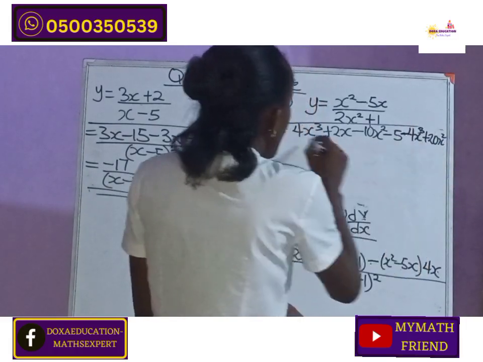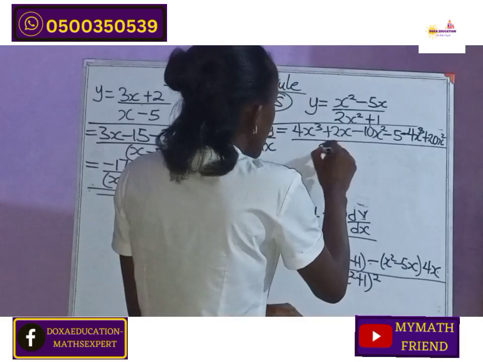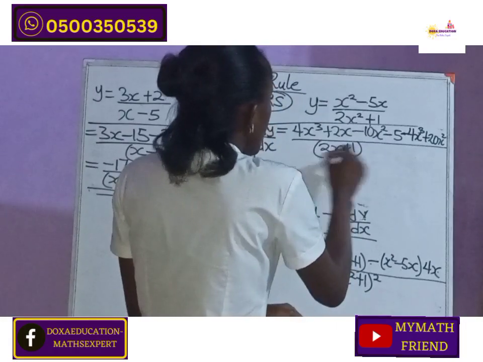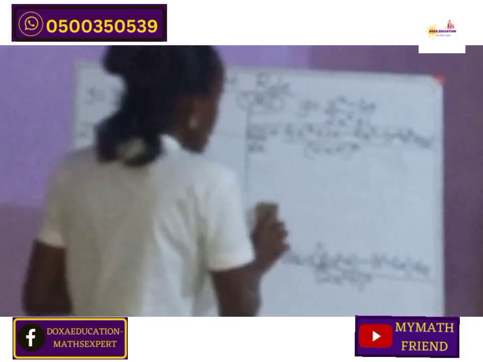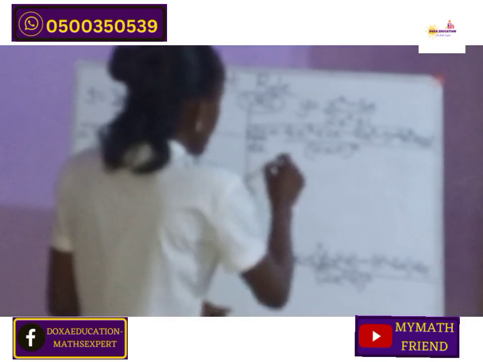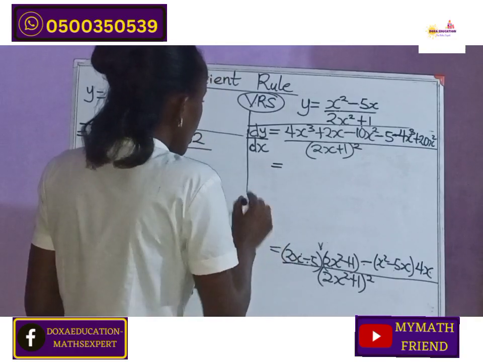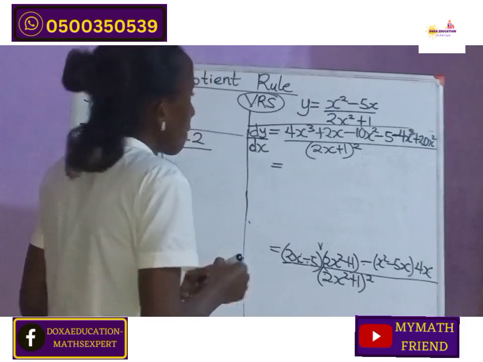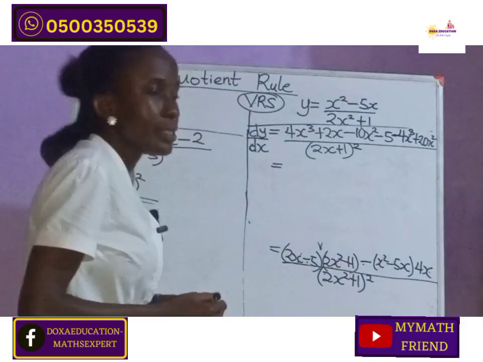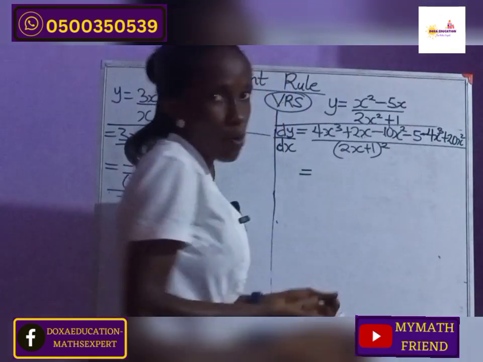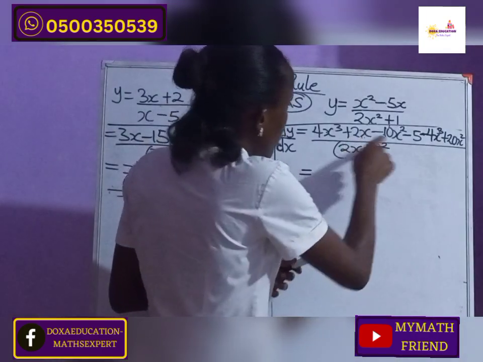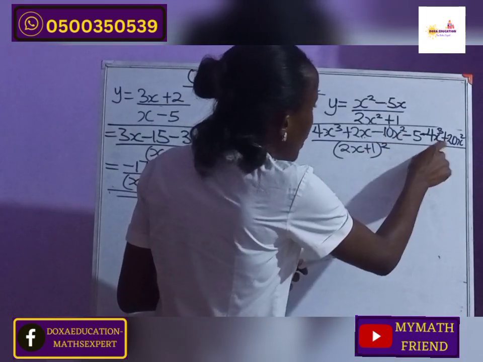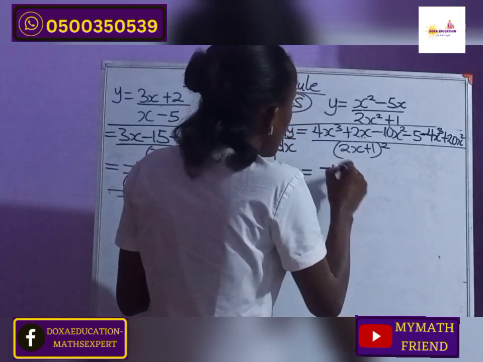All out of 2x squared plus 1, all squared. Good. So from here, let's group like terms in the numerator. 4x cubed minus 4x cubed becomes 0. And minus 10x squared plus 20x squared is 10x squared.